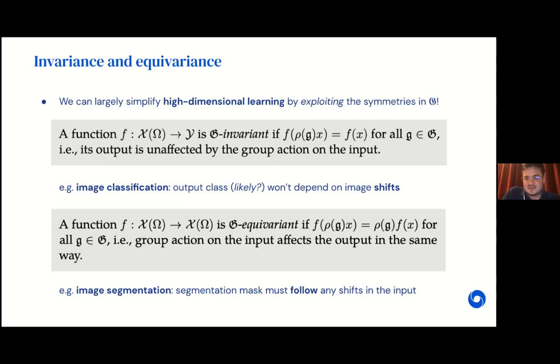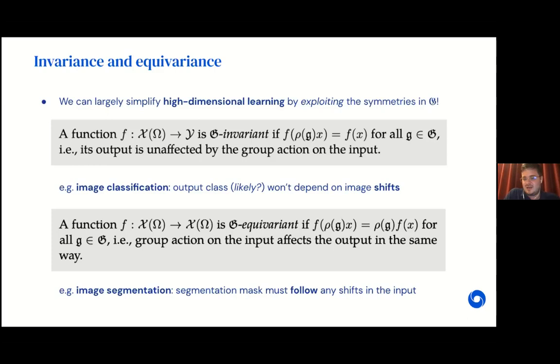And we say that it's equivariant if I have any group action, and as a result of applying the group action, this might change what I get as a result of applying the function, but it changes in a very predictable way. Specifically, any group action I perform on the input would affect the output in exactly the same way. One example of this is image segmentation.